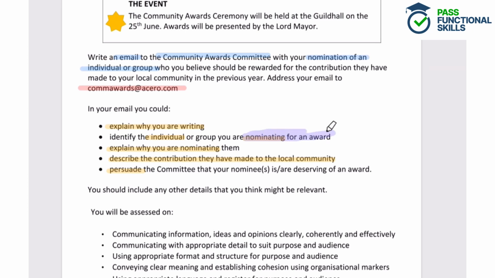So we want to be persuasive when we're doing this. We're trying to convince the reader that this person should be rewarded for their contributions. So that's our purpose, and the audience is the Community Awards Committee. So that's a professional group of people, so we're going to want to remain quite formal throughout.